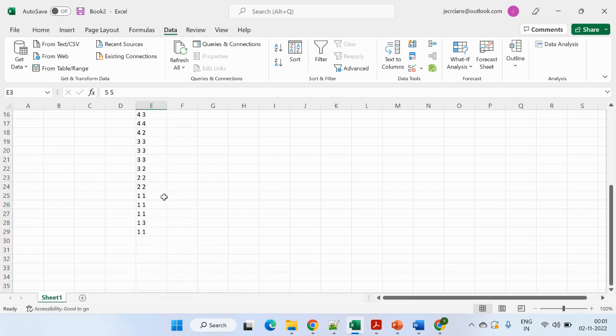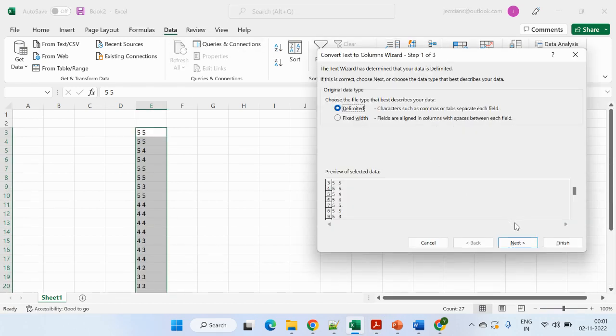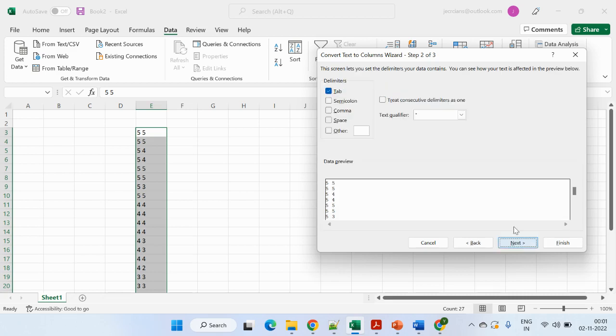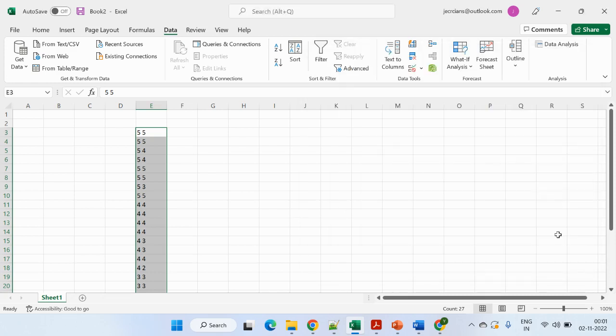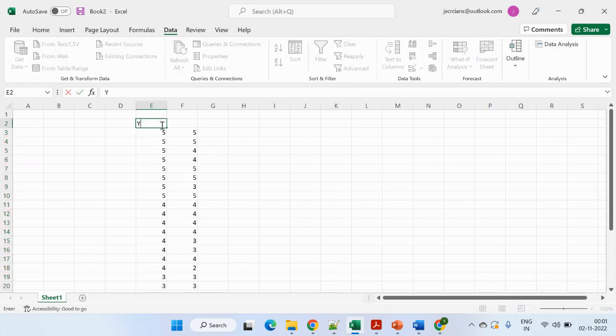I'm having all the values, right? I'm just using text to columns. In text to columns, you can just simply go to the tab, or maybe you can choose space. Now we are having the values as y and x.